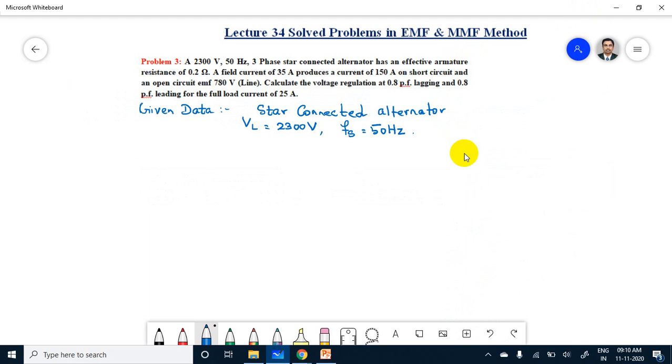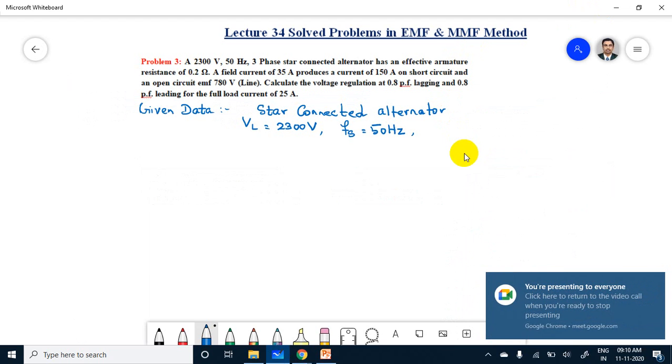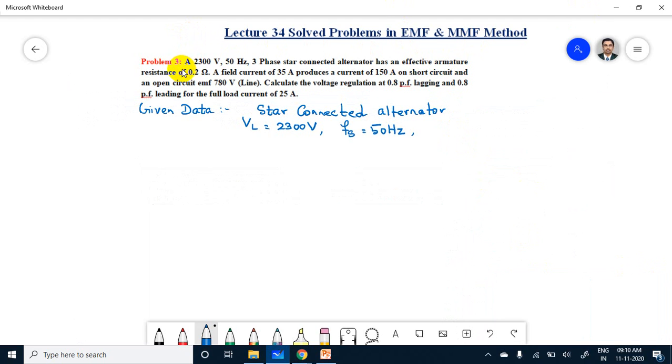And it has an effective armature resistance, the notation of armature resistance is RA. RA equal to 0.2 ohm.